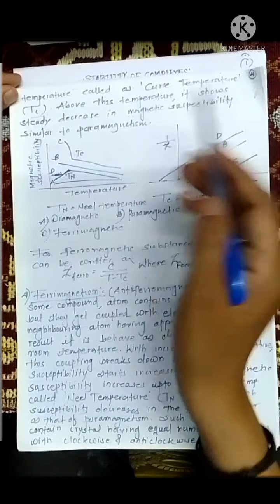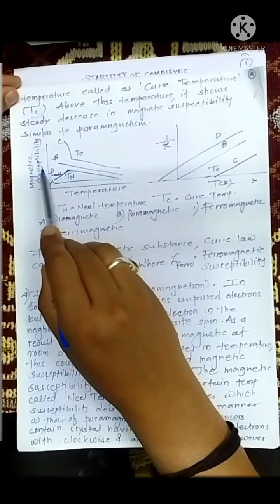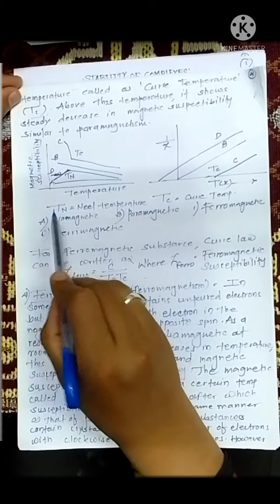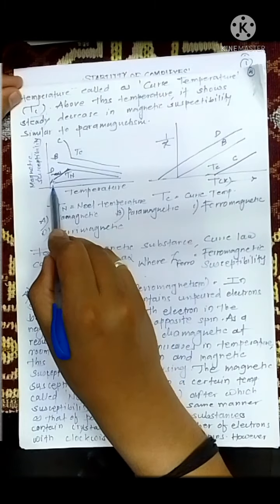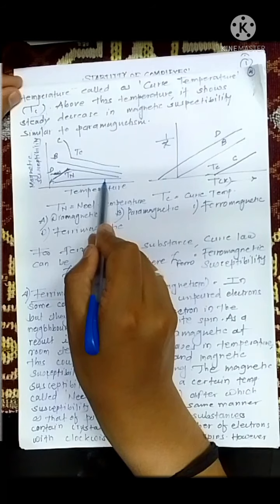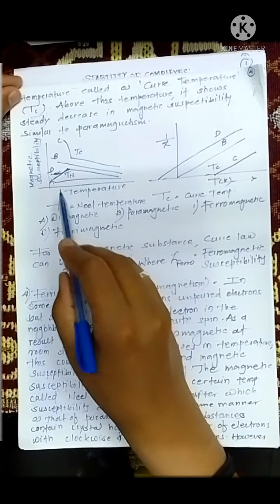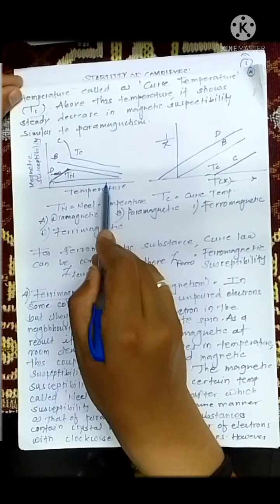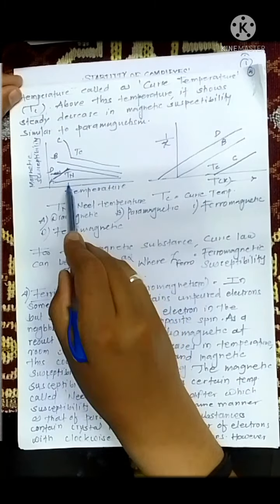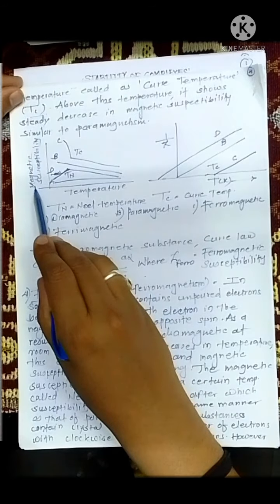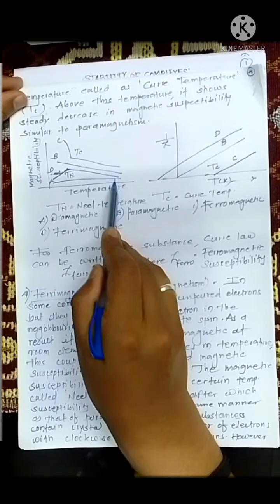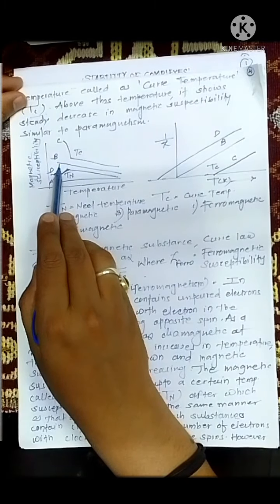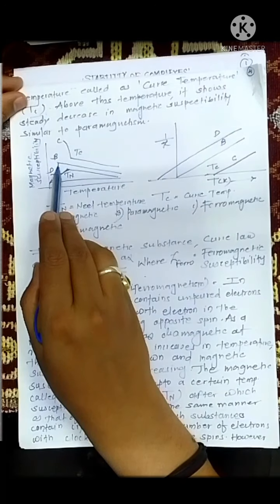Just see here, this is the graph of magnetic susceptibility against temperature. Line A is for diamagnetic substances. From line A, we can say that for a diamagnetic substance, temperature does not affect the value of magnetic susceptibility; it remains constant. Line B shows the paramagnetic substance.